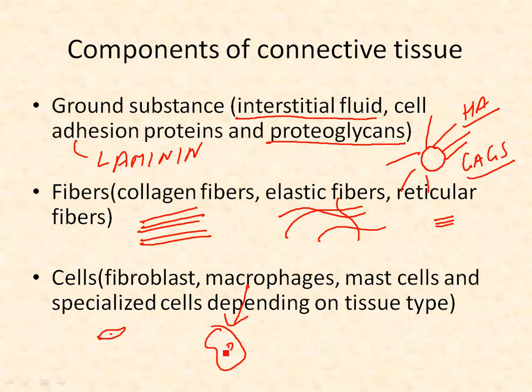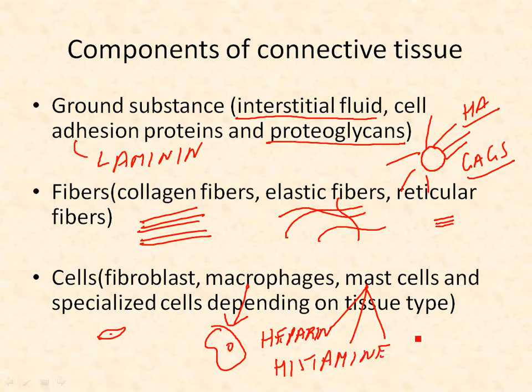When there is an invasion, they will set up three sort of secretions going on. Heparin, which is an anticoagulant, histamine, which allows the blood vessels to become leaky, and the white blood cells to come out of the blood vessels into the area of infection, and the proteases, which are protein degrading enzyme.